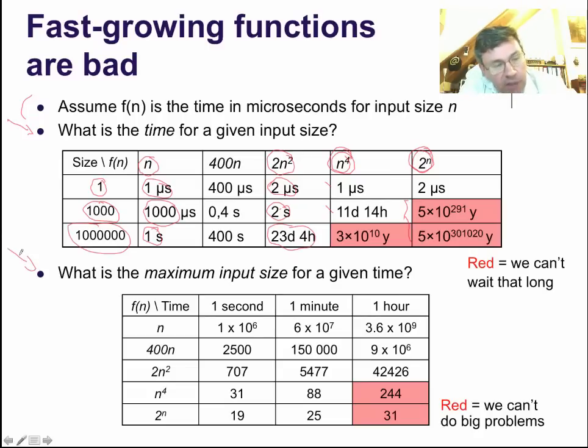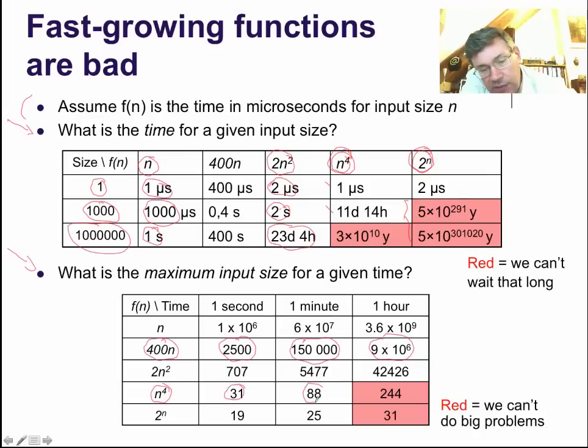Let me look at now another question. What is the maximum input size for a given time? So if my function is 400n, then in 1 second I can solve problems of size 2,500. In 1 minute I can solve problems of size 150,000, and in 1 hour I can solve problems of size 9 million. But if my function is n to the 4th, these numbers are much smaller.